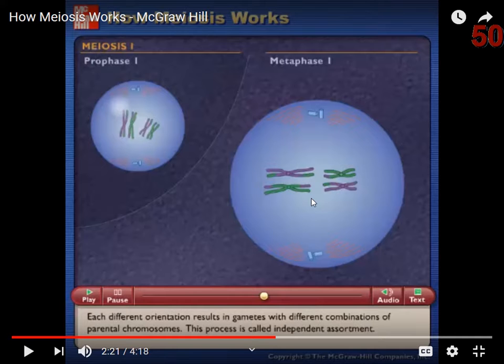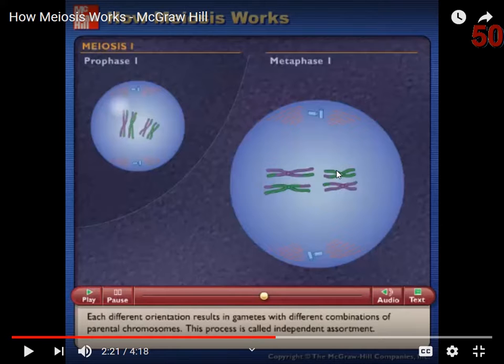Okay, you can mathematically calculate how many different combinations there are. The mathematical formula for that is 2 raised to the number of pairs of chromosomes. So for an example that only has 4 chromosomes as a diploid number, it would be 2 times 2.